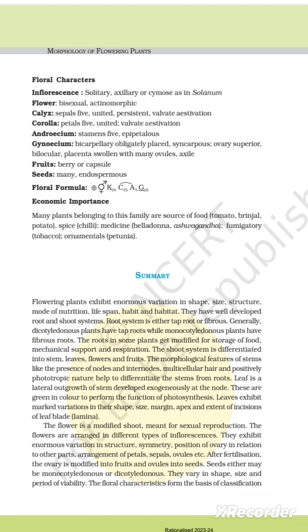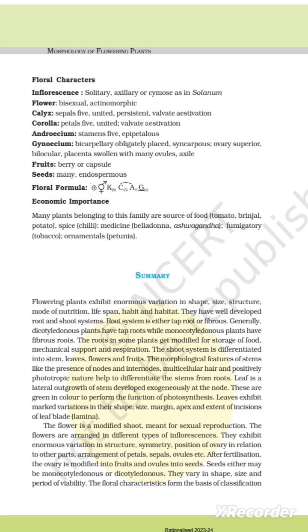The roots in some plants get modified for storage of food, mechanical support and respiration. The shoot system is differentiated into stem, leaves, flowers and fruits. The morphological features of stem, like the presence of nodes and internodes, multicellular hair, and positively phototropic nature, help to differentiate the stems from the roots.